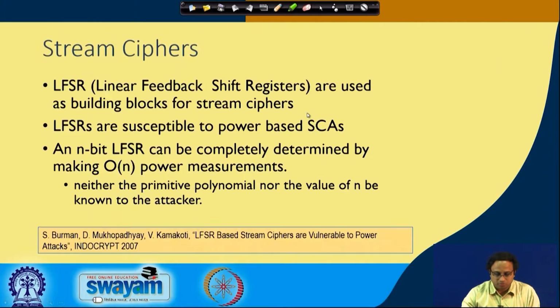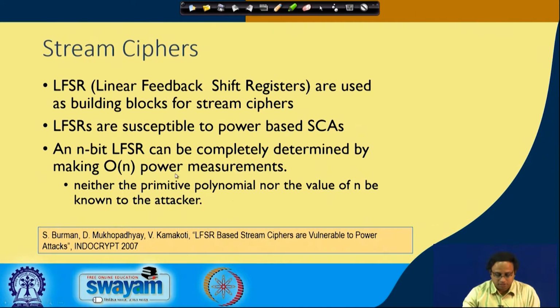So now the idea is that LFSRs can be applied for stream ciphers, and therefore it is an important object to study when we are considering how stream ciphers stand against power analysis or DPA.